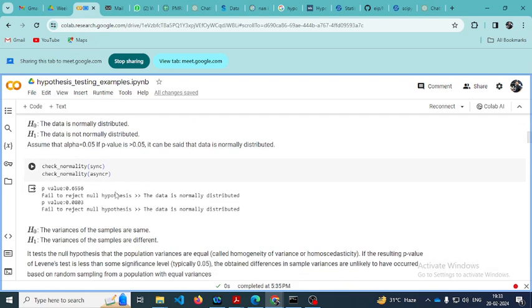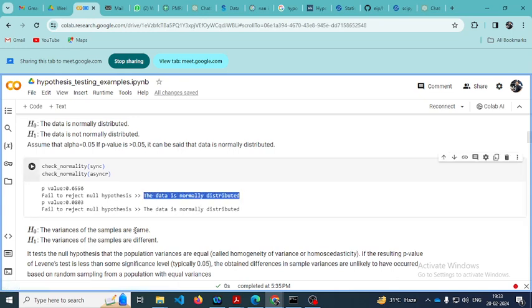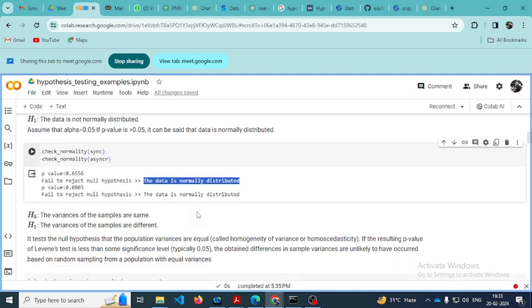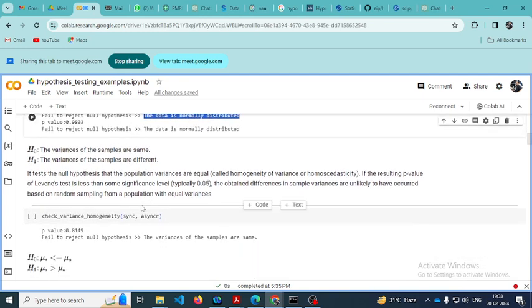So one assumption you have made, that the data is normally distributed, that assumption is true. The other assumption you are going to make is about the variance.